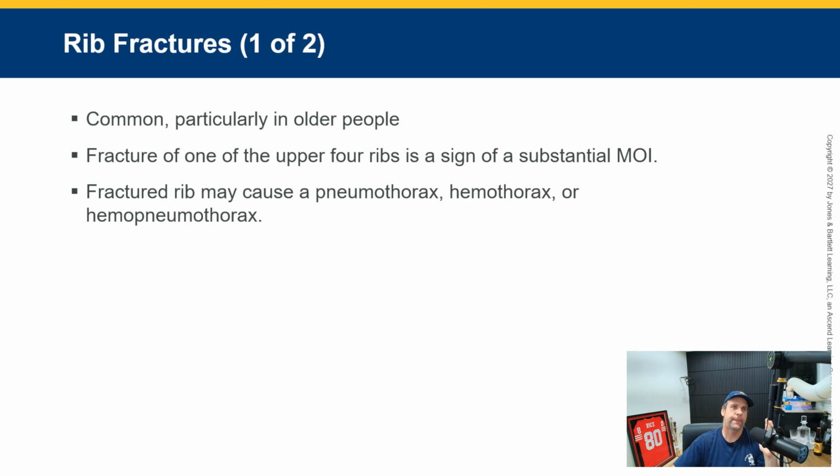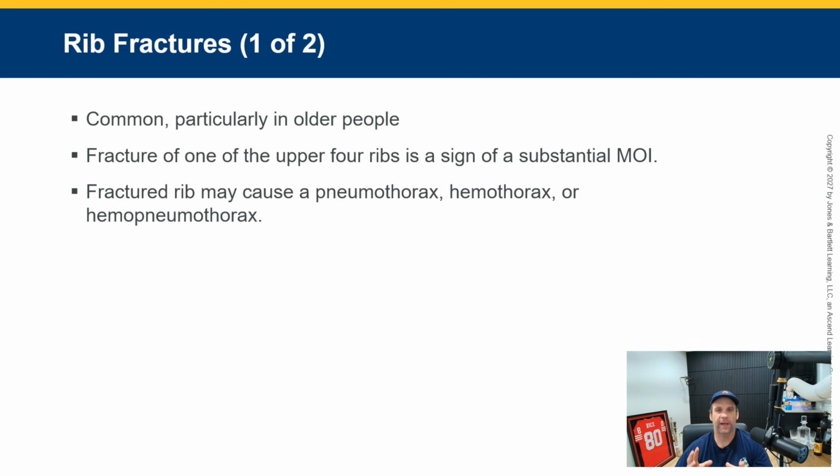When we're talking about the upper ribs, those are protected more by your clavicles, your scapulae, and the surrounding musculature. So fracturing one of these ribs usually requires a lot of force, and that should raise concern for an injury to the lungs, maybe the heart, or the aorta.